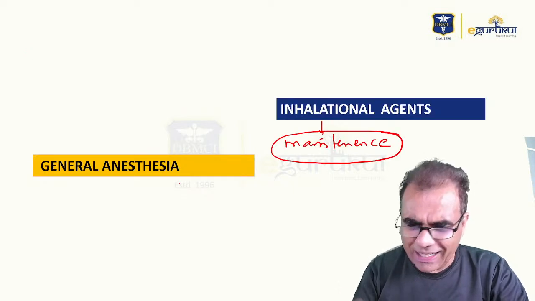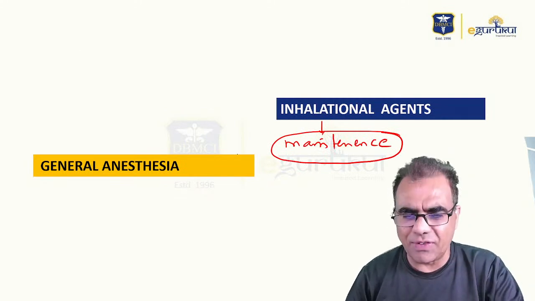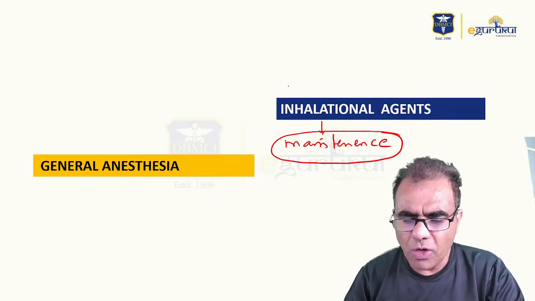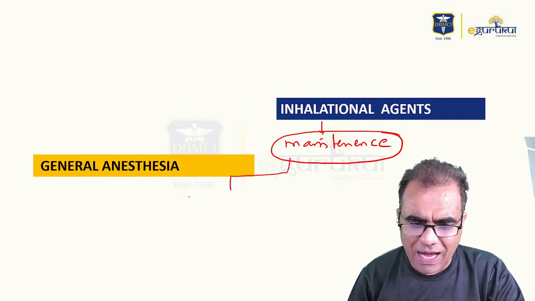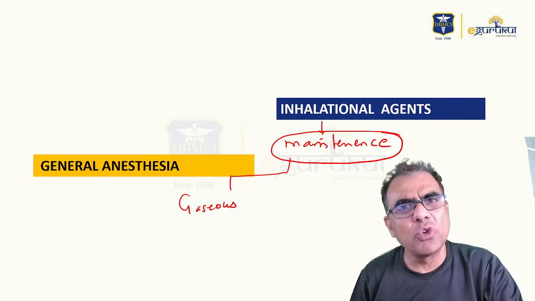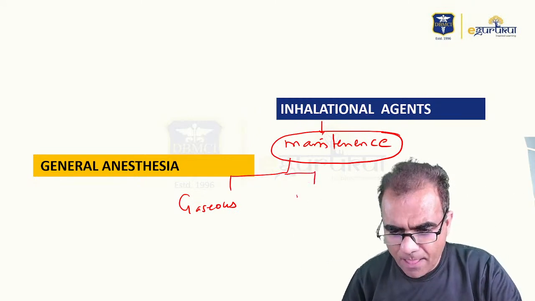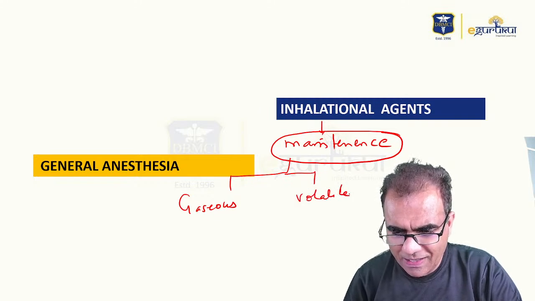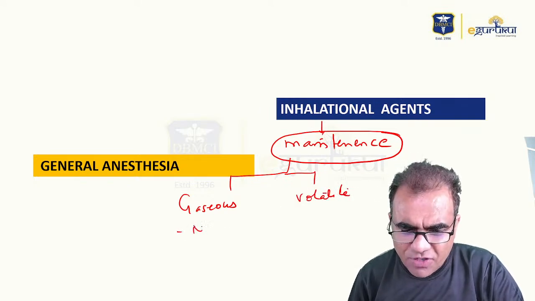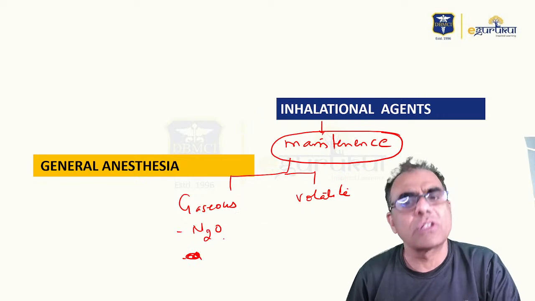Before that, there is no standard classification, but from your understanding point of view, inhalation agents you can say are gaseous or volatile agents, and we are going to discuss the agents which are used nowadays. The gaseous agent which we are using is nitrous oxide.